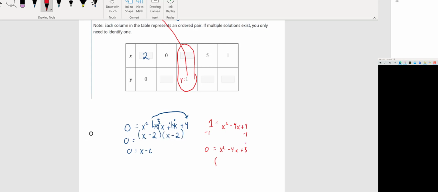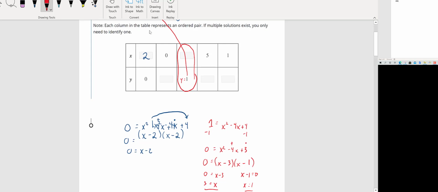Okay, so we are looking for two numbers that multiply together to give you 3. There's really not any combinations other than 3 and 1. But they also have to add together to give you a -4. So that tells us they both have to be negative, which means the solutions are x equals 3 and x equals +1.